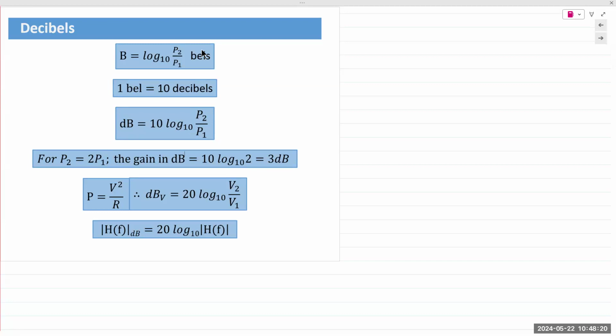Our transfer function, H of F, is the ratio of two voltages, V out over V in. Hence, if we wish to plot the magnitude of a transfer function in dB, the equation is 20 log of the magnitude of H of F. Okay.